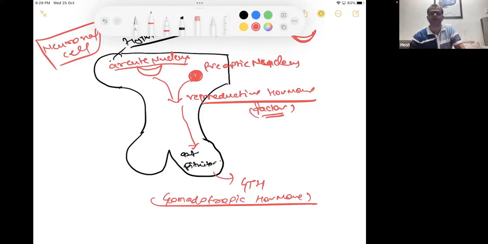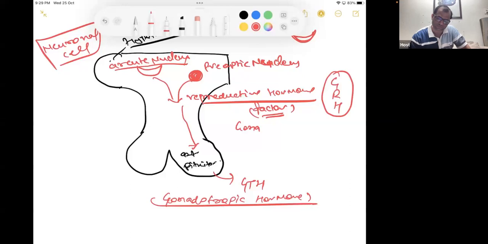They are having some different language, so they will release some chemicals, right? So that are called GRH, right? गोनेडोट्रोपिन रिलीजिंग हार्मोन. यानी गोनेडोट्रोपिन को रिलीज कराने वाले.